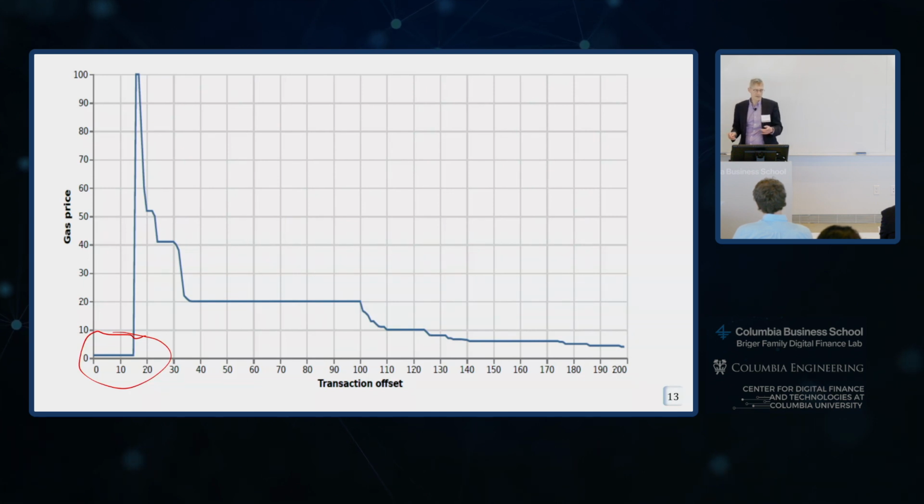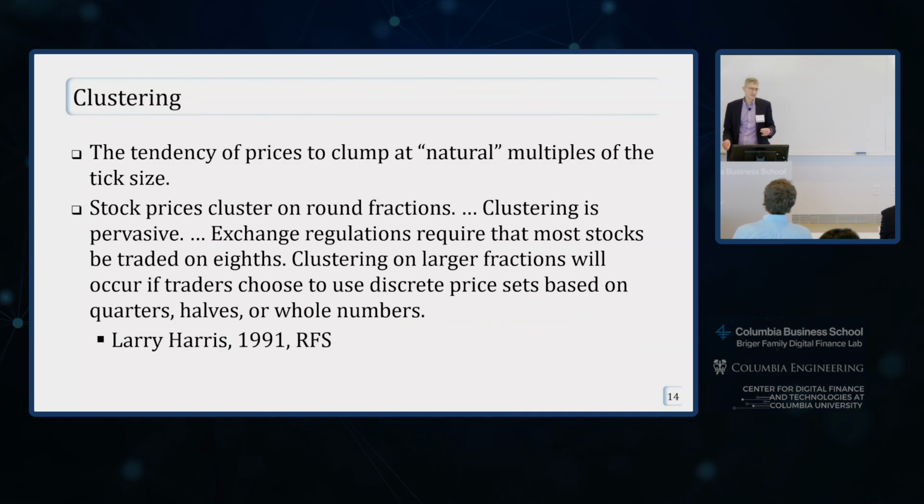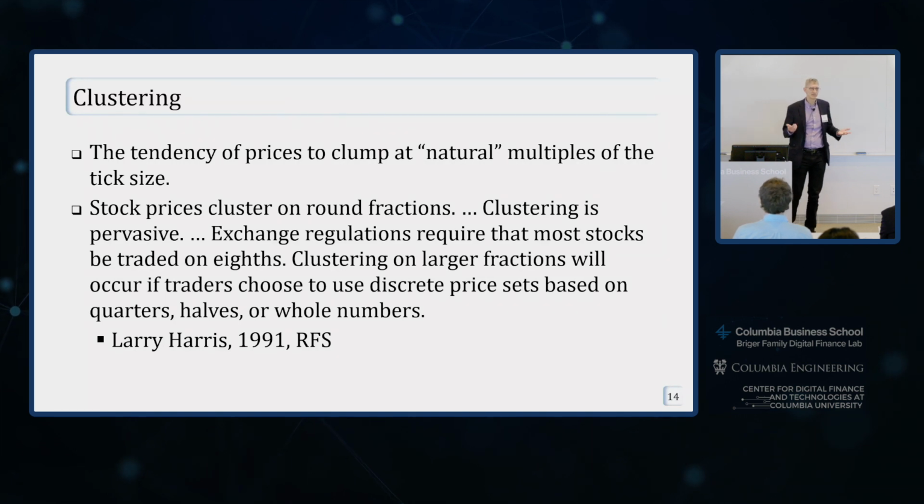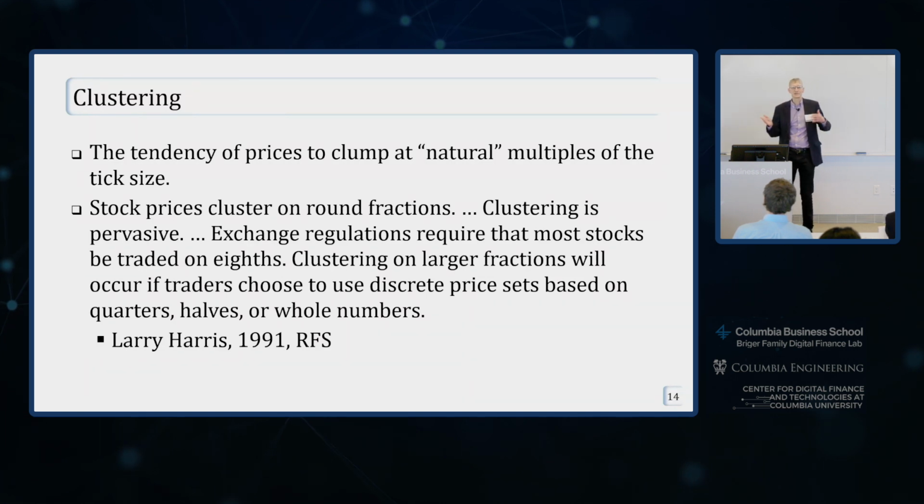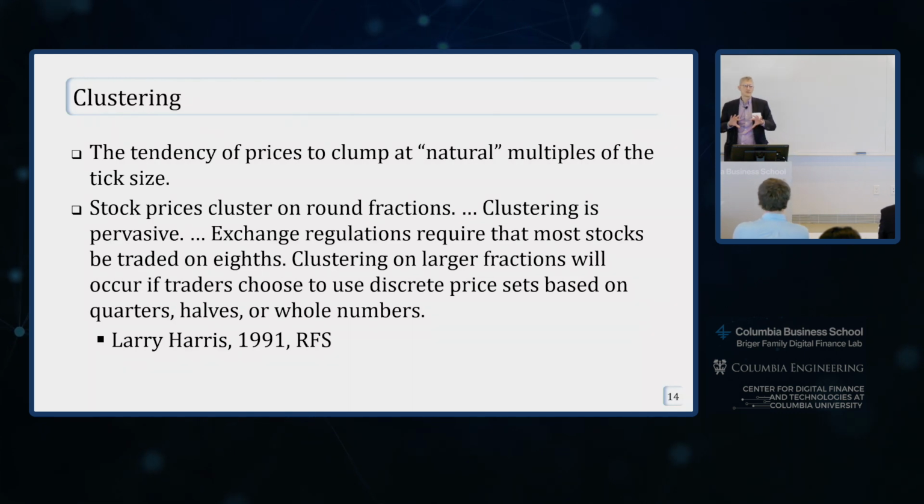I'm going to focus on another part of this block, and it has to do with clustering. And clustering is a psychological thing. And it refers to the tendency of all kinds of trade prices, limit order prices, stop trigger prices to congregate on so-called natural multiples of the price grid.